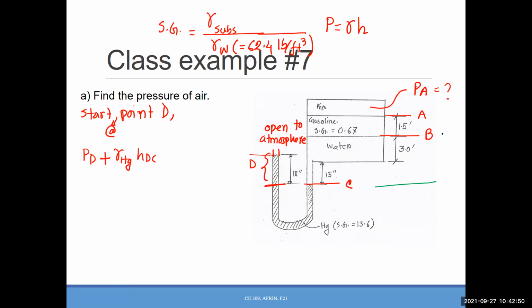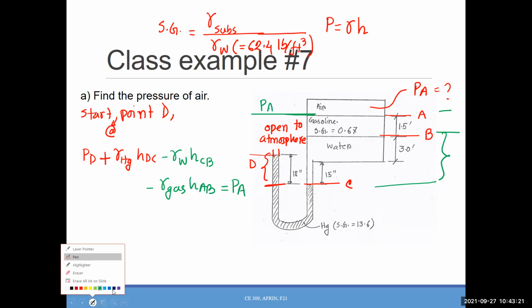B. So the pressure for this one, gamma W HCB. From B, where is the next interface? A, okay. And again upward. Now when you are here, that is PA, right? So you will say this equals PA.